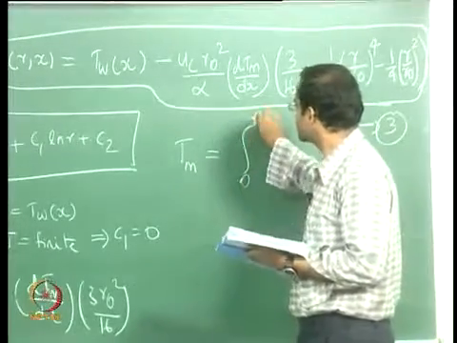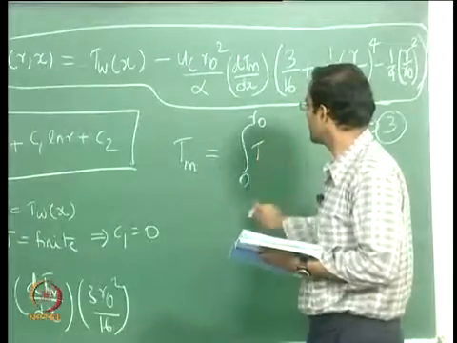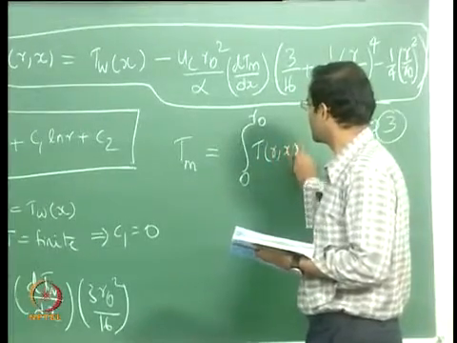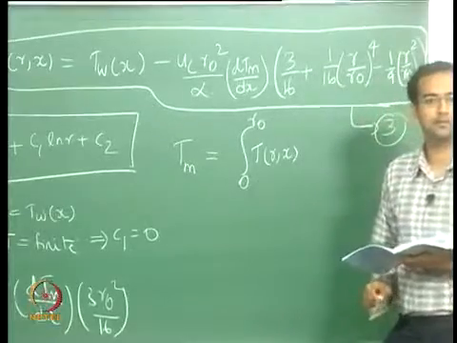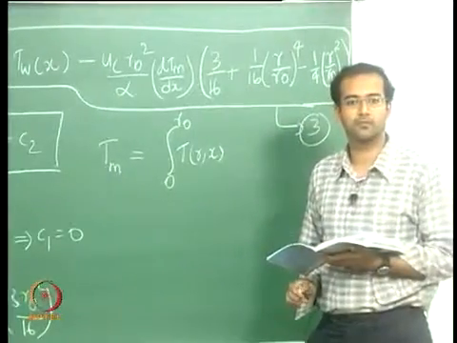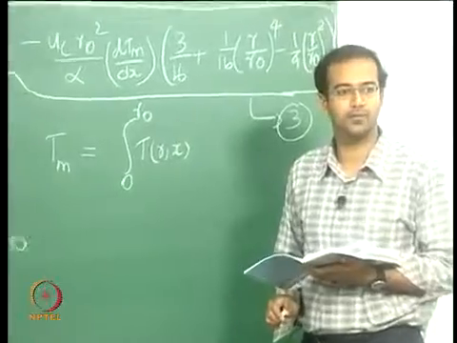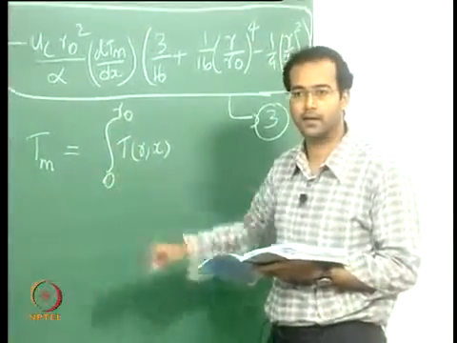0 to R naught, T into, so what is the mass? Rho into A into U. In the numerator and denominator the rho can cancel off.